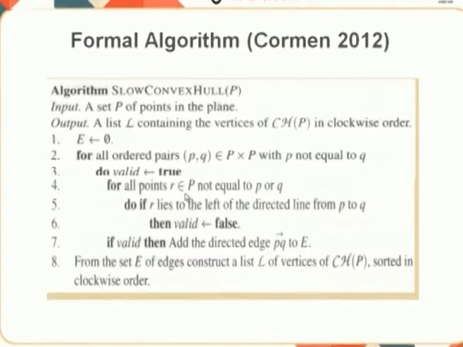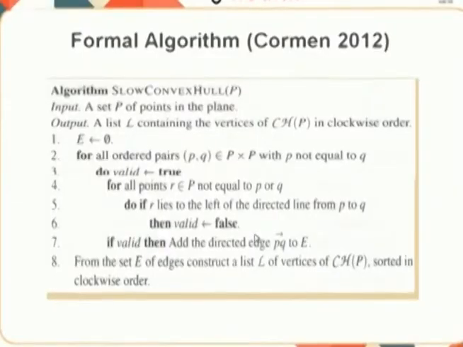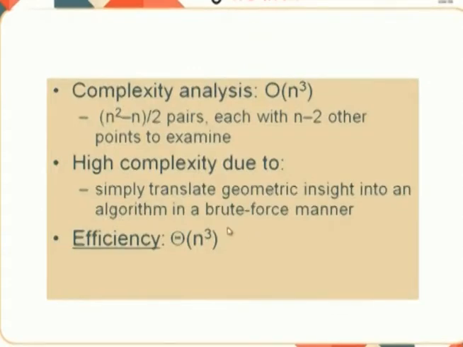So, I am going to draw a line, and I am going to check whether the points are on the left. If that is the case, fine, I add that as the boundary; otherwise it is not. The complexity analysis of this algorithm is like this.